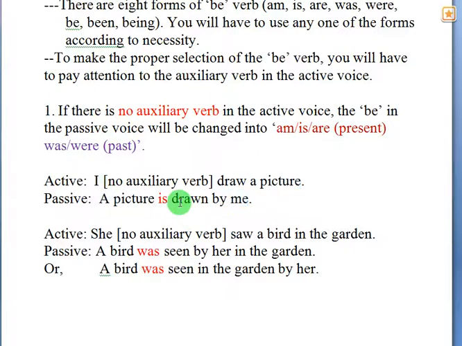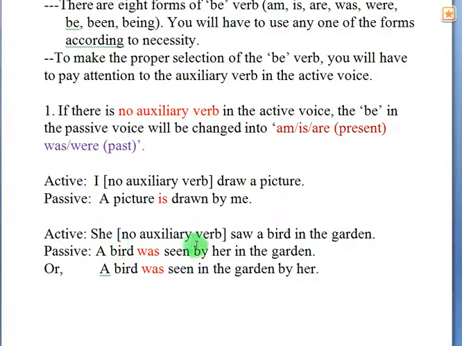Then we have already said that we will have to use a be verb before the main verb, the past participle form of the main verb. As the tense is a present tense, present indefinite tense, we are here to use is. A picture is drawn by me.